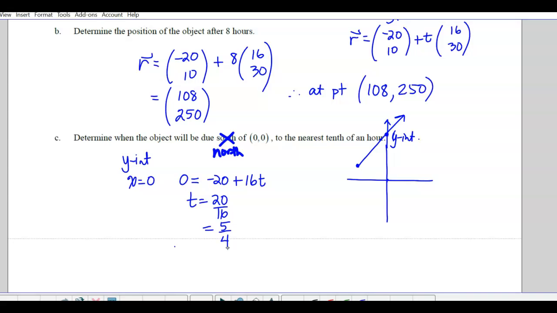And to the nearest tenth of an hour, we're also going to change that to the nearest hundredth. 1.25 hours. All right, so that's how long it takes to be due north of (0, 0). We're done.